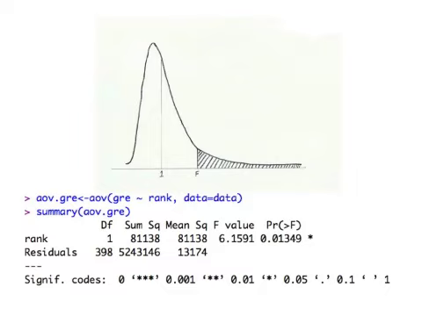It has a distribution called the F distribution. And we found these GRE scores were significantly different across the four groups of undergraduate institutes.